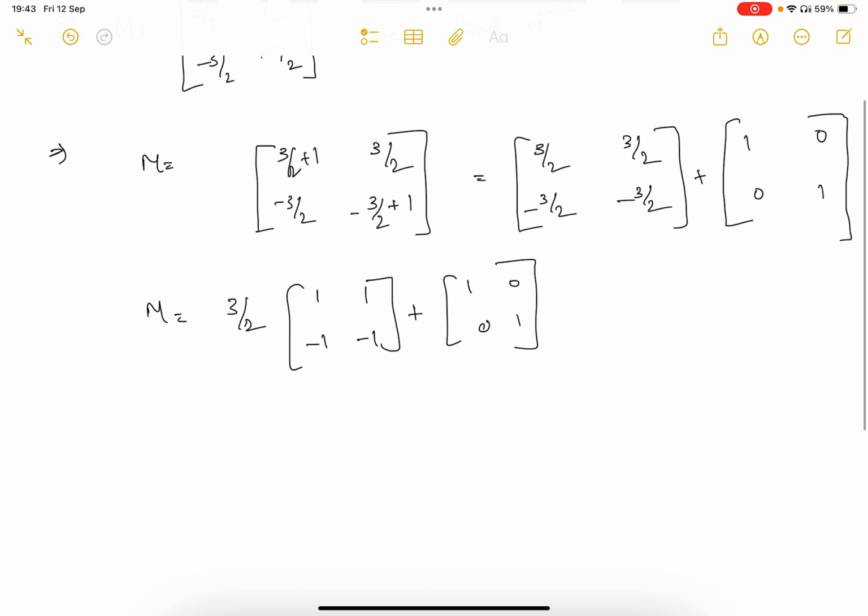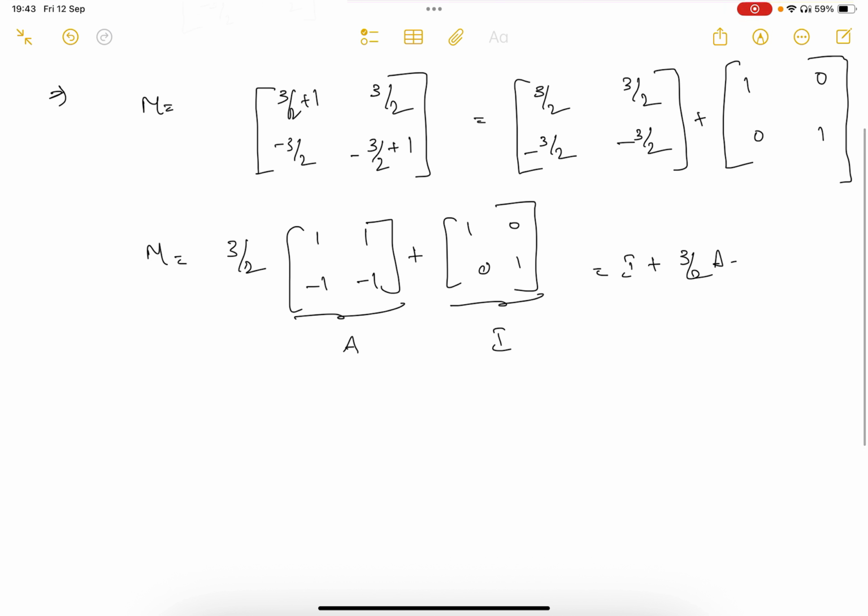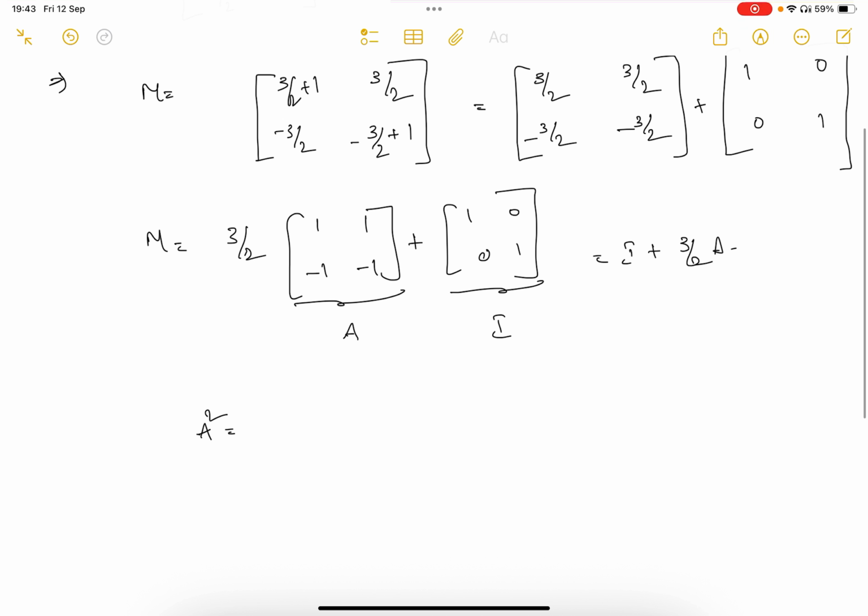So let's consider this matrix as A, and this is the identity matrix. Then M is I plus 3 by 2 into A, right? Let's figure out this A square. We are going to use this A square in the next simplification to find out M power 2022.